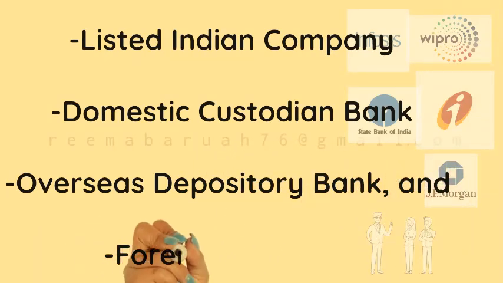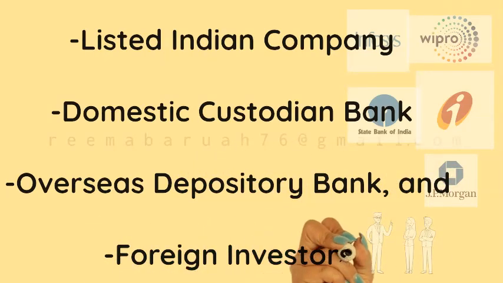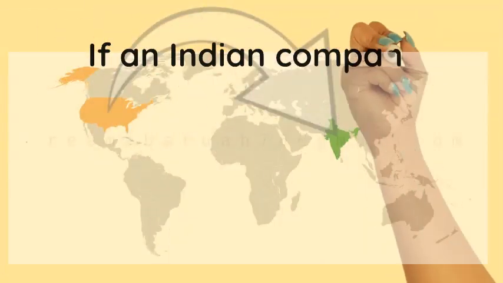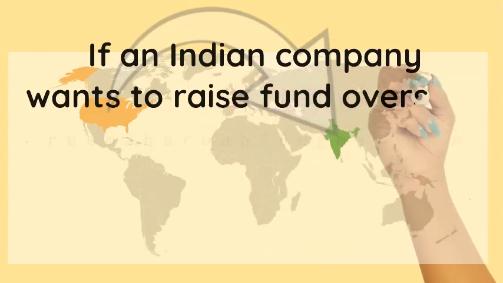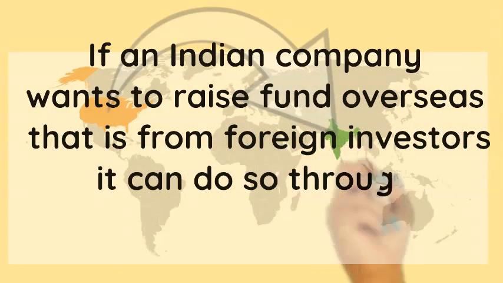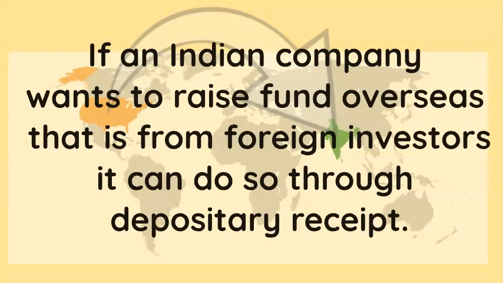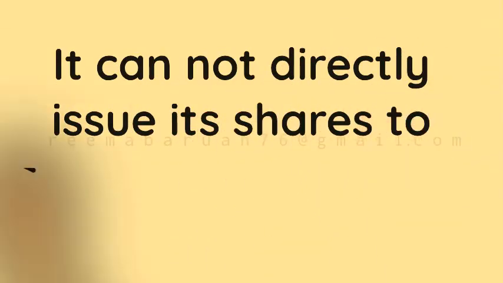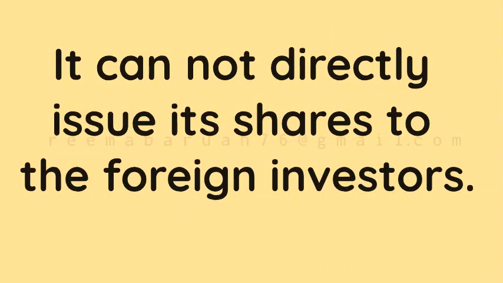And the fourth one, foreign investors. If an Indian company wants to raise fund overseas, that is from foreign investors, it can do so through depository receipts. It cannot directly issue its shares to the foreign investors.